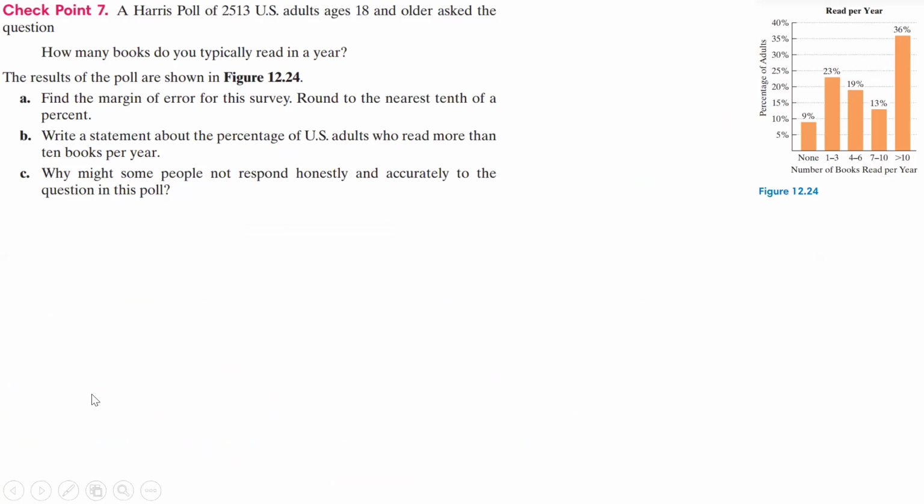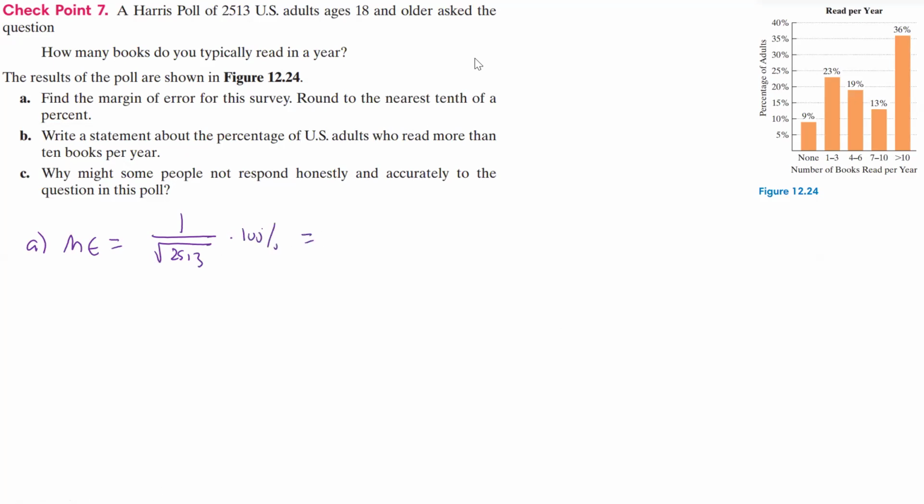Here it says a Harris poll of 2,513 U.S. adults aged 18 and older asked the following question: how many books do you typically read in a year? The results are shown over here. We're asked to find the margin of error for the survey, rounded to the nearest tenth of a percent. The margin of error, ME, is equal to 1 over the square root of n, where n is 2513, times 100%.